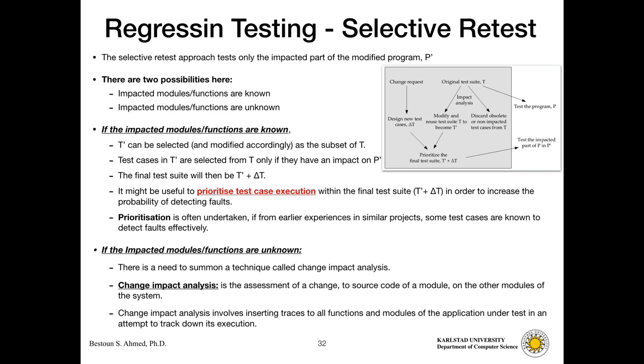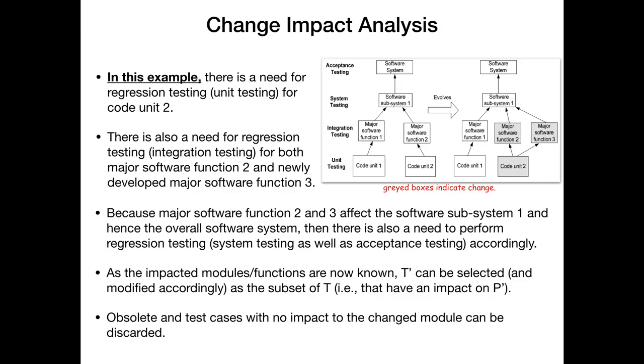Here you have the program and you have the new set of test cases. These new test cases were identified by something called change impact analysis. You just want to test only those affected parts.